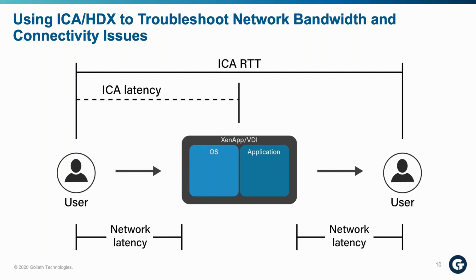It doesn't matter, because the ICA protocol is still functioning the same way, which is measuring the connection speed at the user's endpoint, measuring the network latency, measuring the ICA latency and round trip time, and it's then trying to adapt and deliver a better experience to the user. So regardless of what kind of endpoint you have, that information is still going to be available in a purpose-built tool.